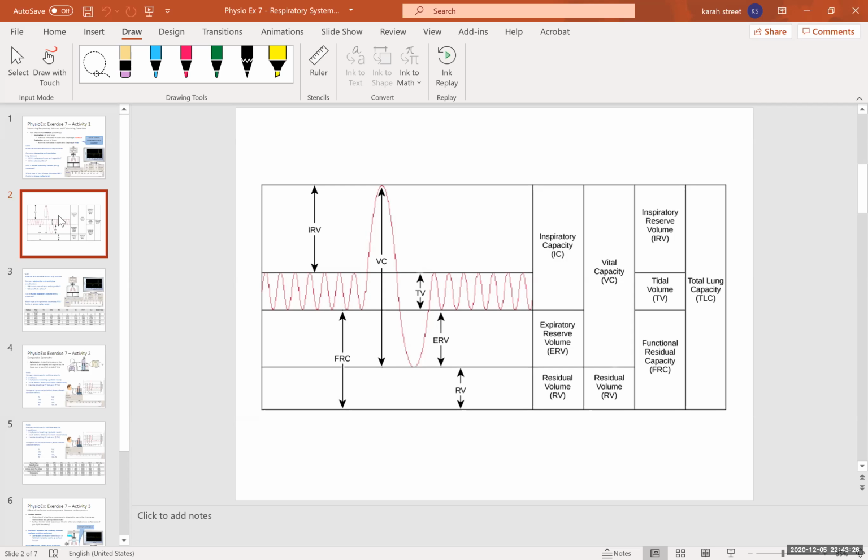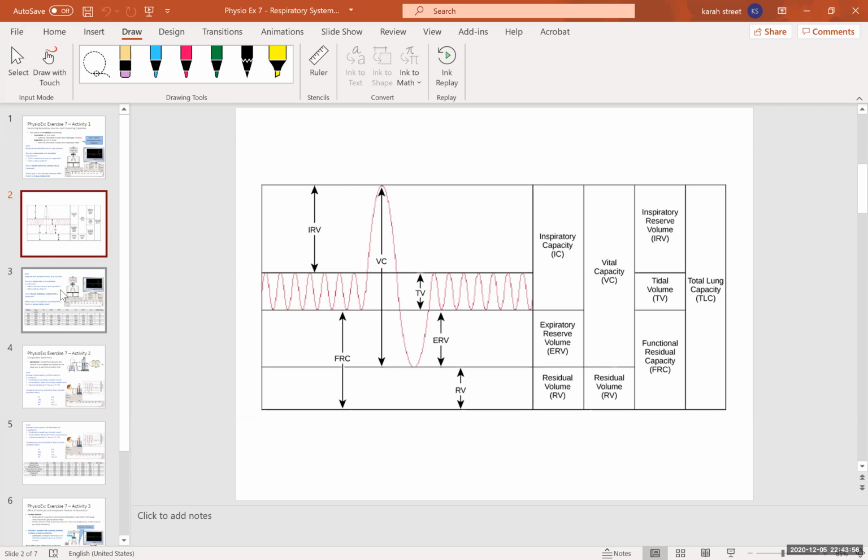Inspiratory capacity is the amount of air that can be inhaled after a normal exhale, and includes tidal volume plus inspiratory reserve volume. Functional residual capacity, to go over it again, includes expiratory reserve volume plus residual volume.